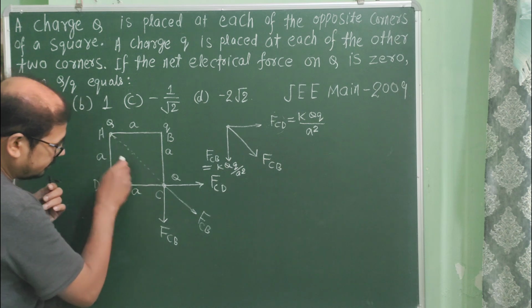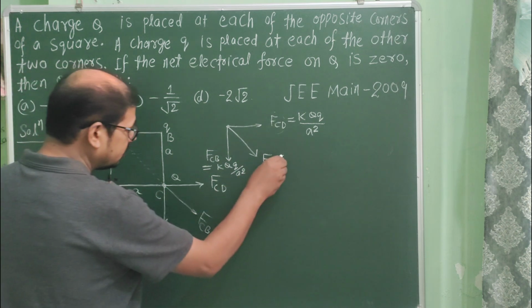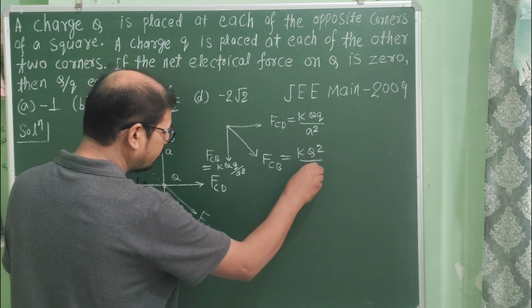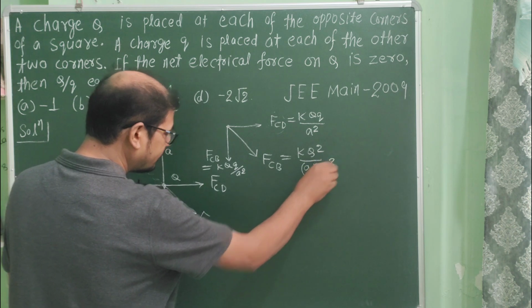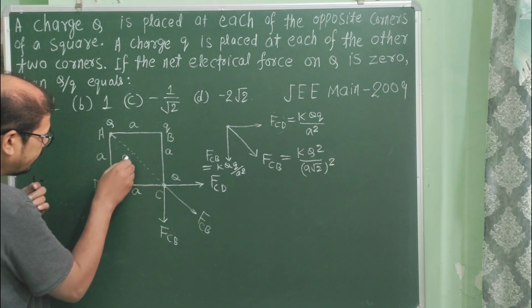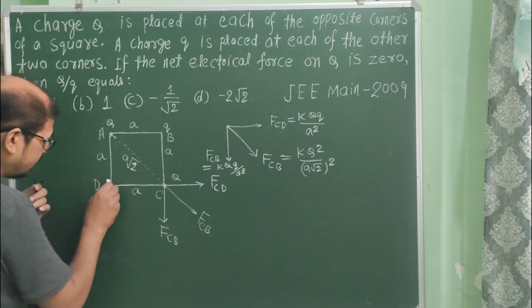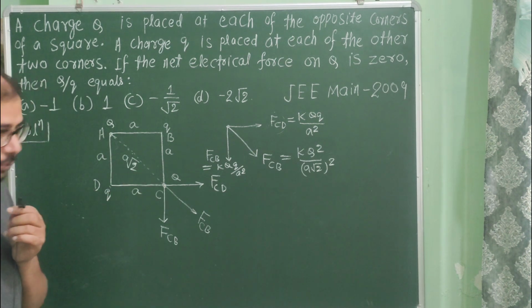And the force of these charges is K q into q, q square, divided by (a root 2) square, correct? Now, this is the diagonal, and diagonal equals a root 2, correct? This is a and this is a, so the diagonal will be a root 2.